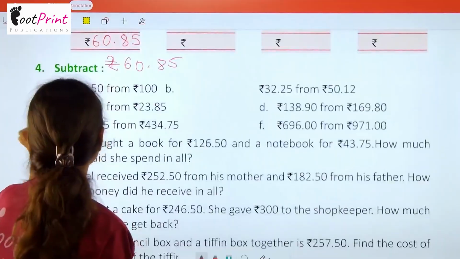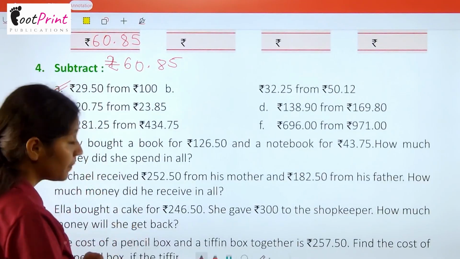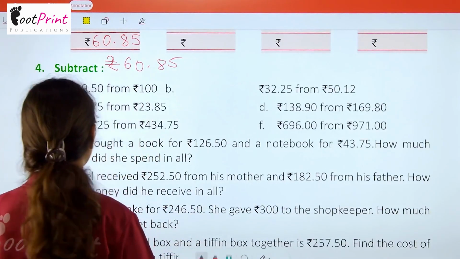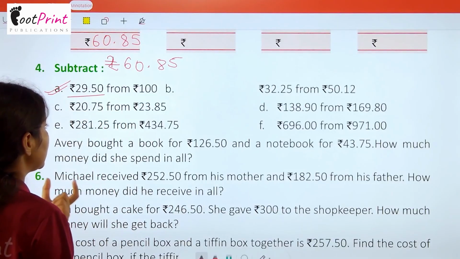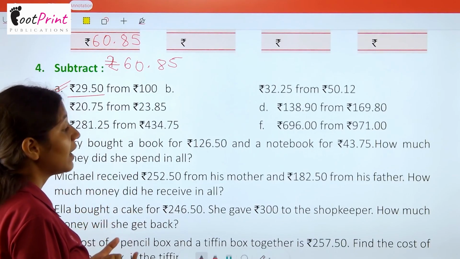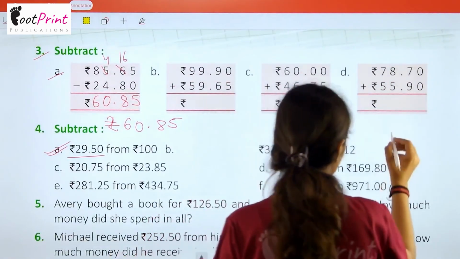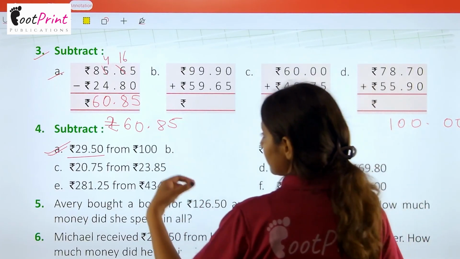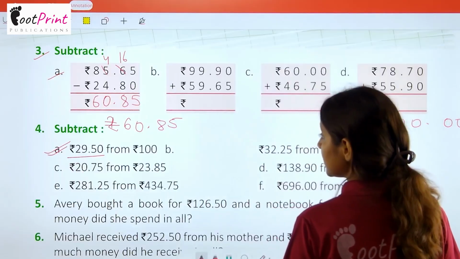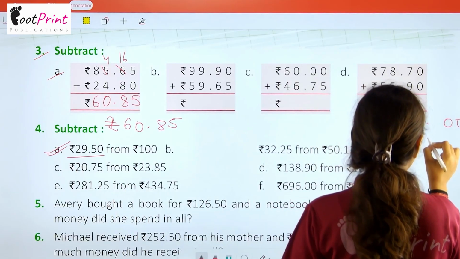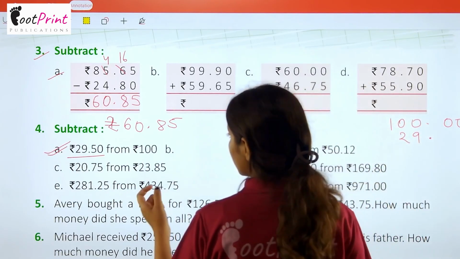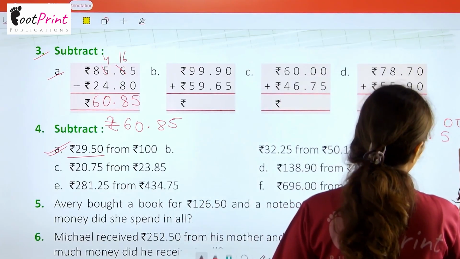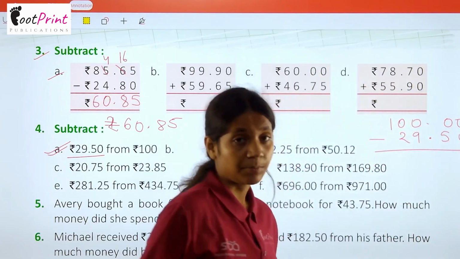Then we have question number 4. Here we have to make a column by ourselves. Then we have to do the calculation. So here it is 29 rupees 50 paise from 100 rupees. So we will write here 100 and then dot, then 0, 0. Then we will write the second value which is smaller than this, that is 29.50. After that simply do subtraction of these two numbers.